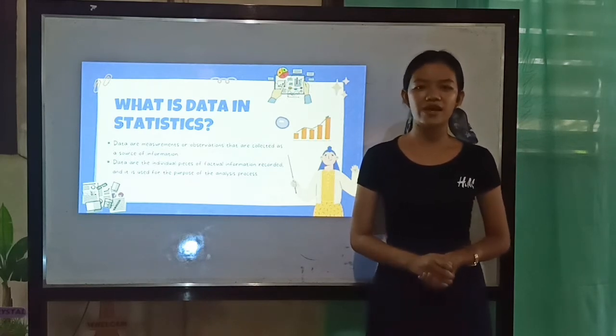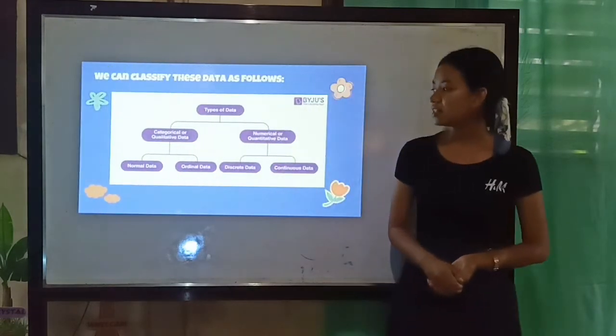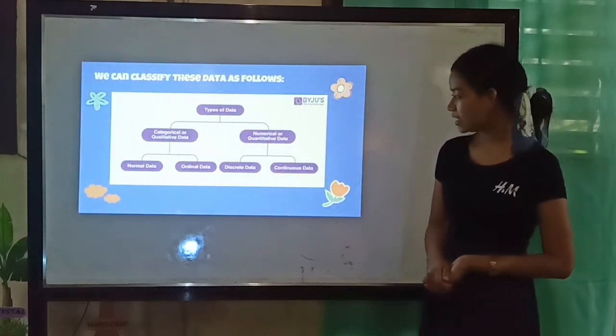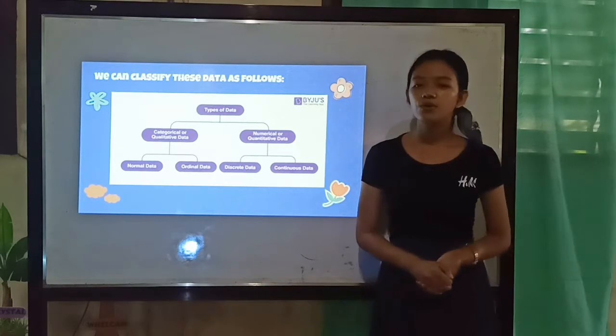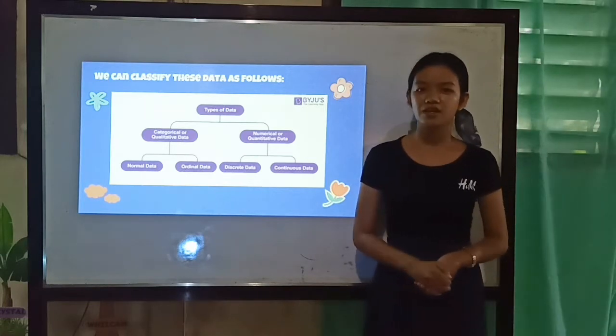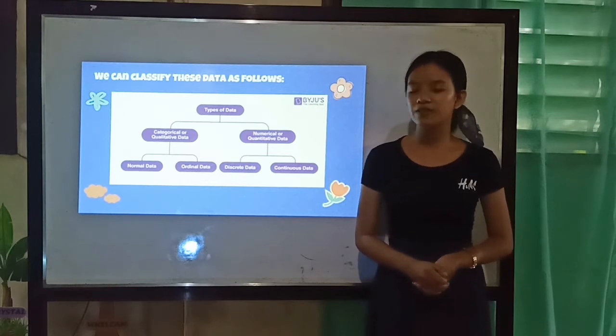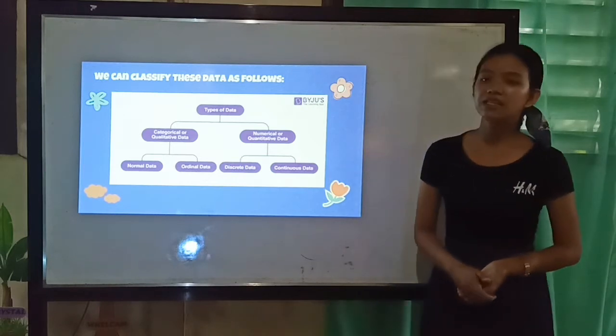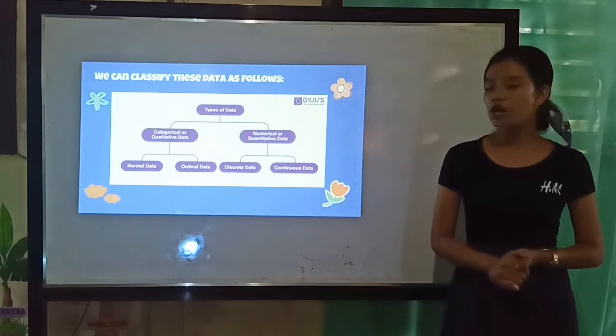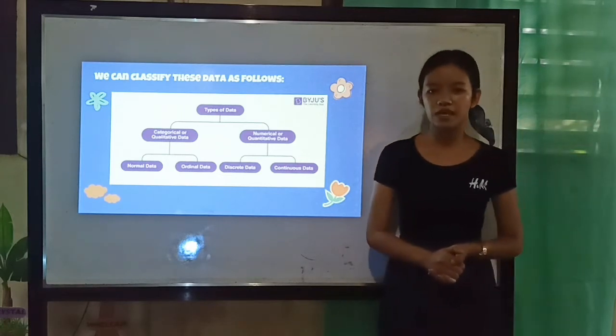Data can be classified as either qualitative data or quantitative data. Qualitative data provide labels or names for categories of like items, while quantitative data measure either how much or how many of something.